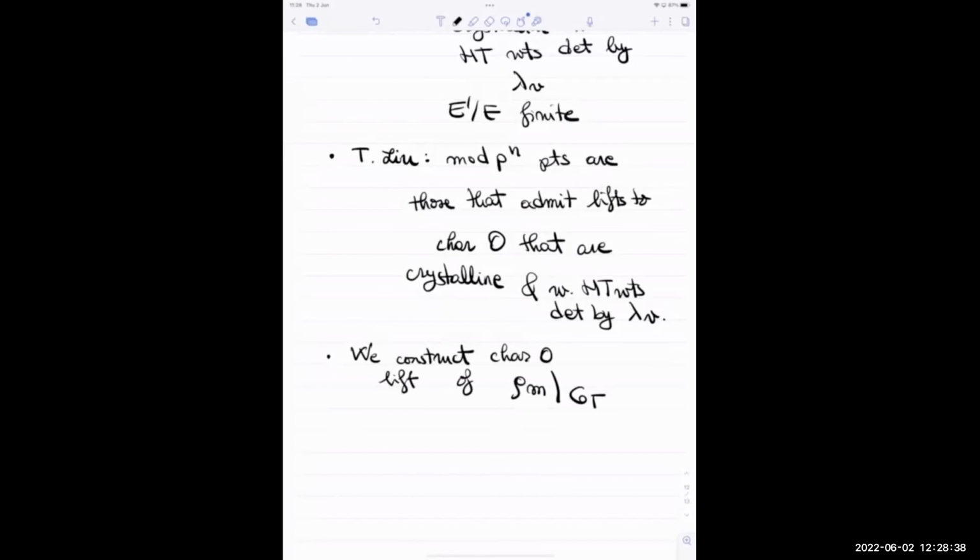So again, crystalline and with Hodge-Tate weights determined by lambda.